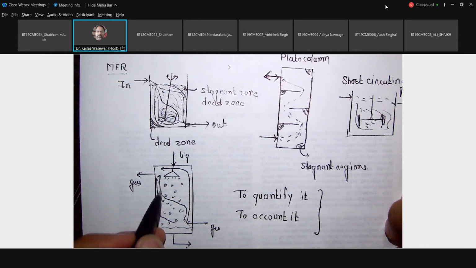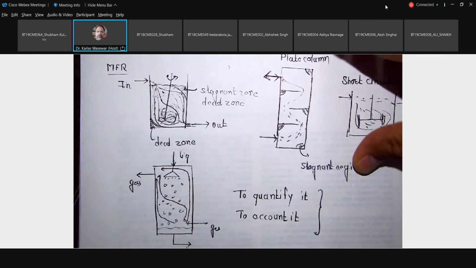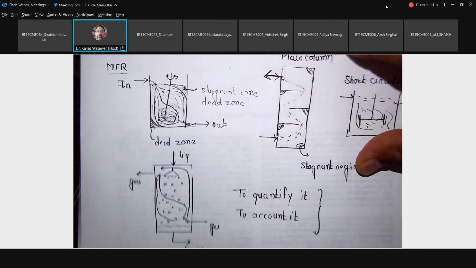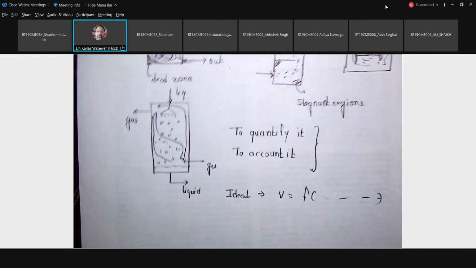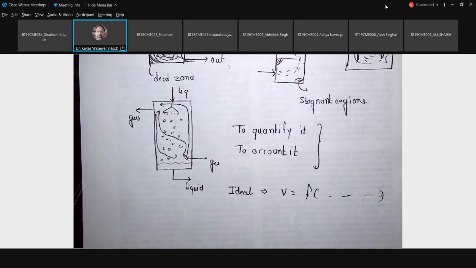this non-ideality, when we are going for the ideal reactor design, we have a straightforward equation for V as a function of various parameters. Straightforward equation. But when we are going to design the real reactor, we must account for all these things, the non-ideality.